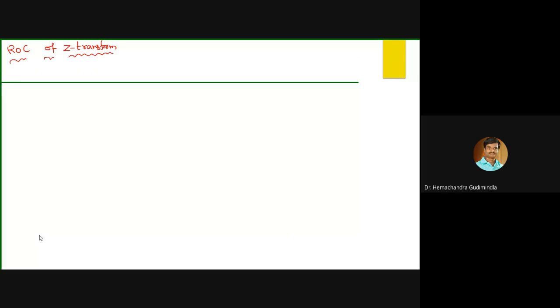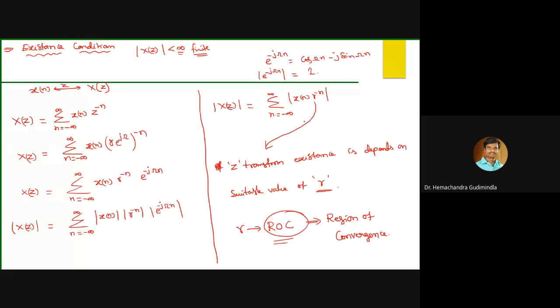The existence condition of the Z transform is: summation n equal to minus infinity to infinity modulus of x of n r power minus n should be less than infinity. It should be finite.